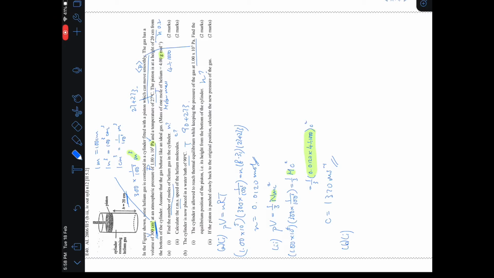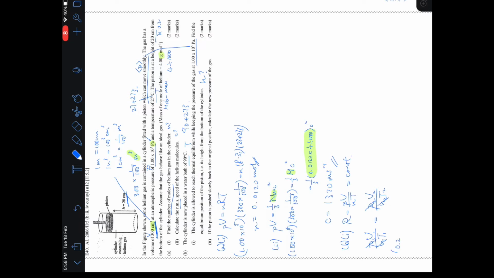That is a circle. But we can skip this process because we are just talking about a ratio problem, because PV over NT is a constant. So for the initial situation, PV over NT will equal the PV over NT of the new situation, and the pressure is the same while the number of moles is also the same, so you can cross them out directly, and we can change the volume into the height times the base area.